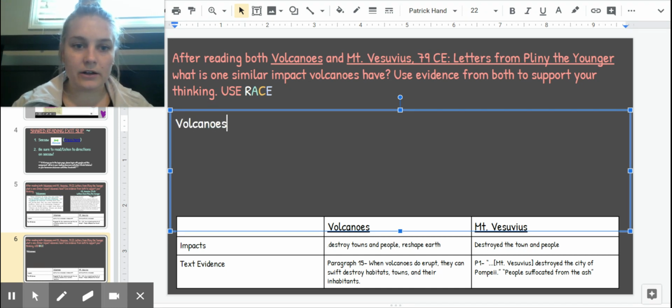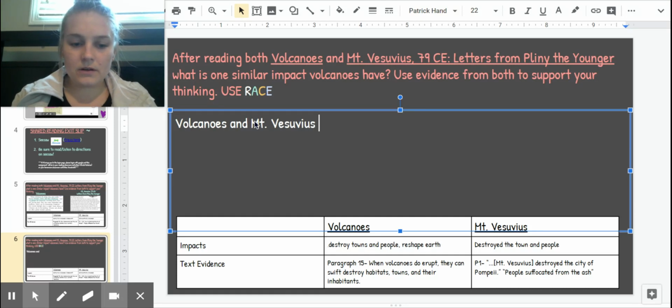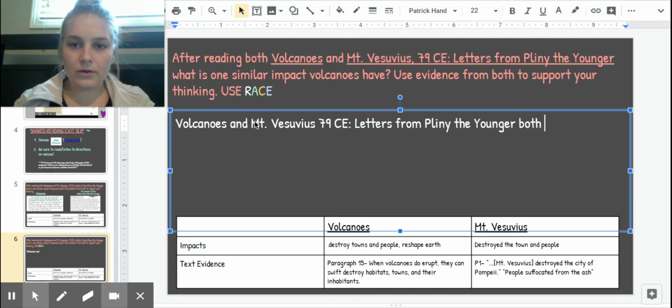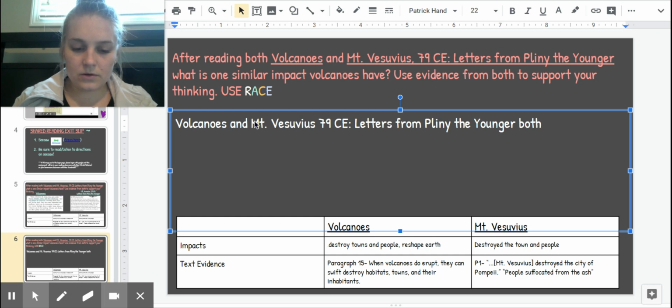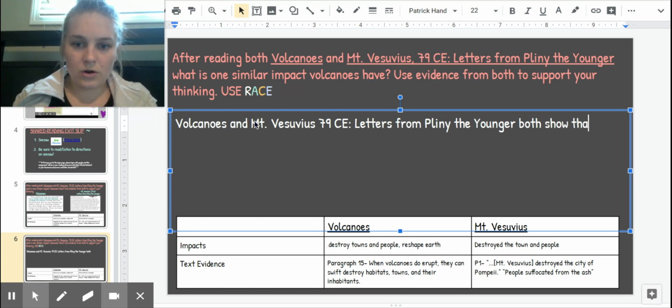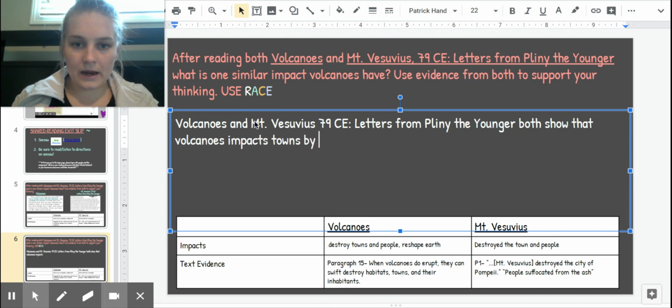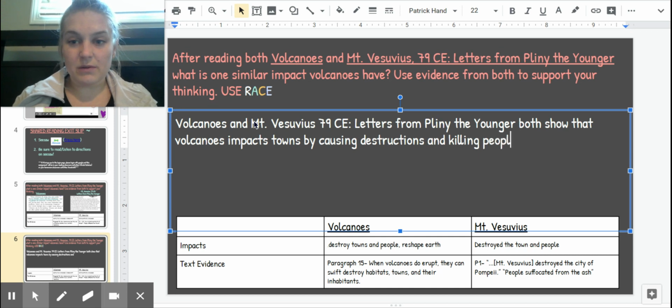Volcanoes, I'm color coordinating based on these colors here. Volcanoes and Mount Vesuvius 79 CE, letters from Pliny the Younger, both show that volcanoes impact towns by causing destruction and killing people.